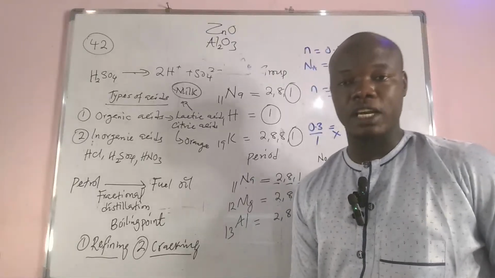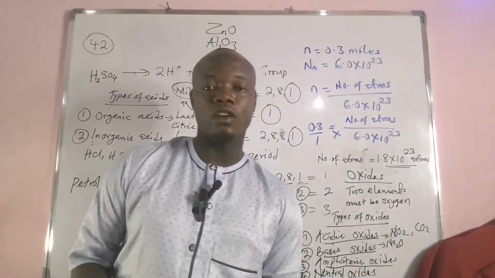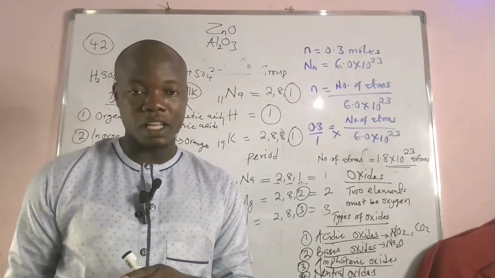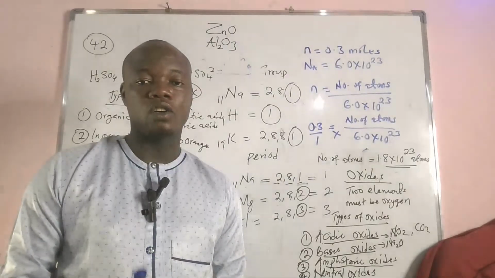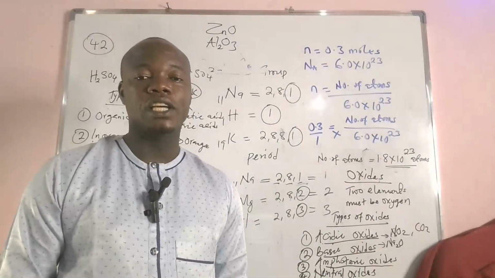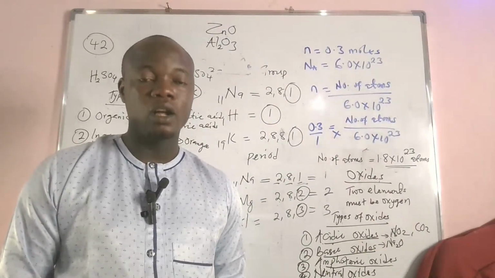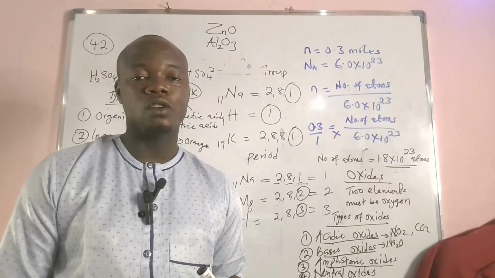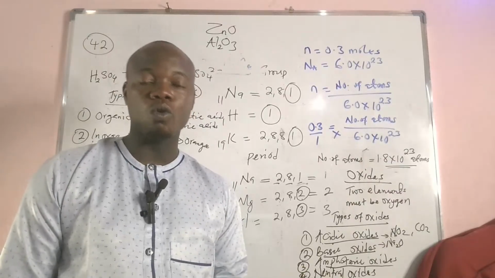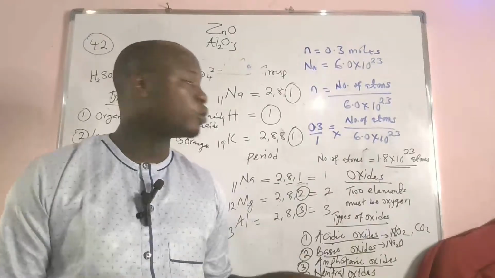Acidic oxide is an oxide of a non-metal, while neutral oxide is an oxide of neither. So these are the types of oxide.